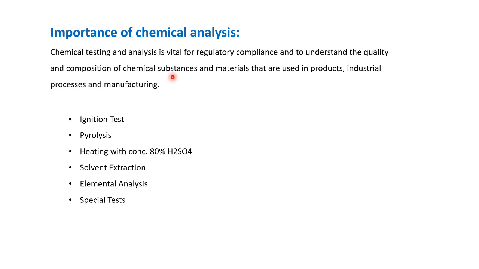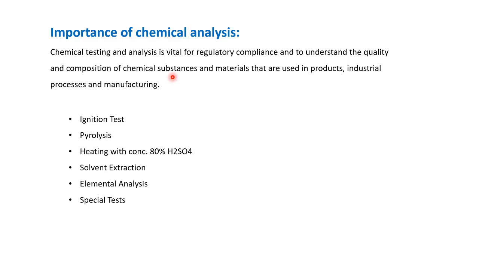There are different types of testing for chemical testing, basically for a polymer. These are used to know about the product, how it will behave, or to predict the product's behavior in a certain condition. These include ignition test, pyrolysis, then heating with acid or solvent extraction, then elemental analysis, and some other special tests.